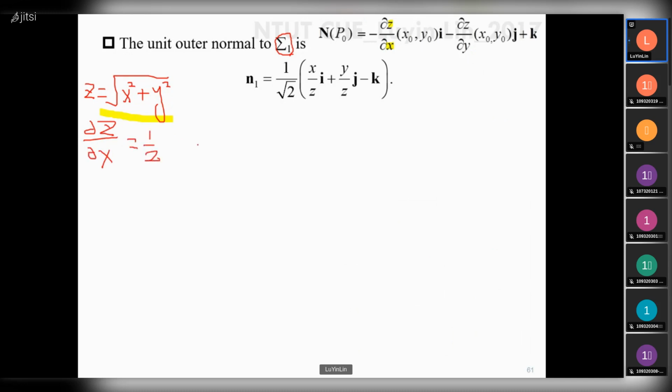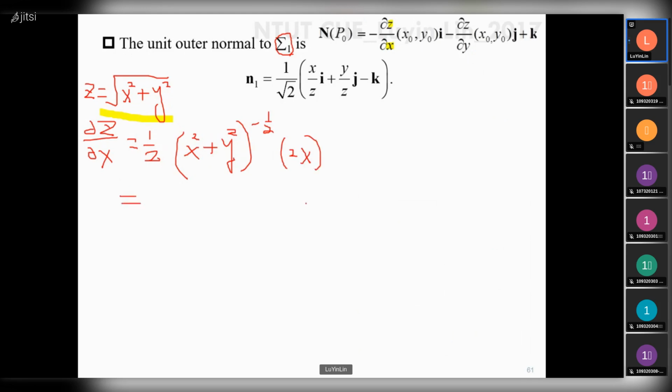You have the 1/2 order, right? And inside you will have minus 1/2. And you have to do the differential for x squared again. So 2x here, right?